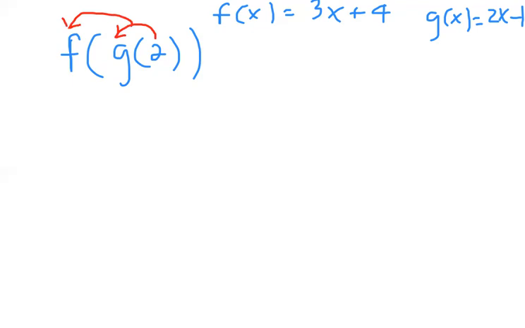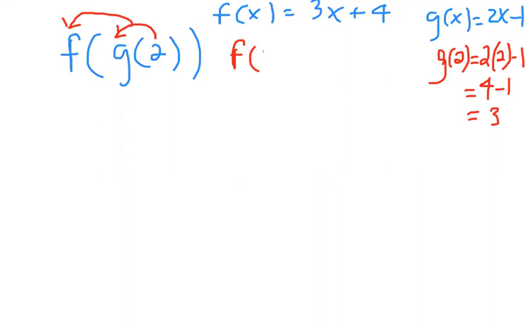So go ahead and look up, stop writing for a moment, and let's analyze this, guys. What you do is you take the 2, you go into the g function, plug it in. So you're going to calculate the value of g of 2. And then you get 4 minus 1, which gives you 3. Now that 3 becomes the input for the f function.